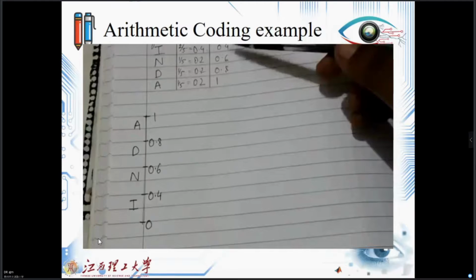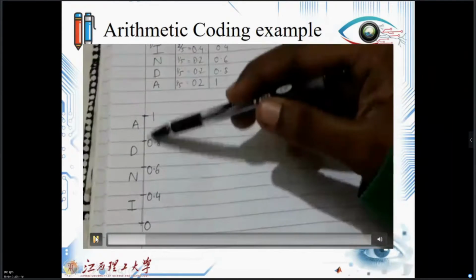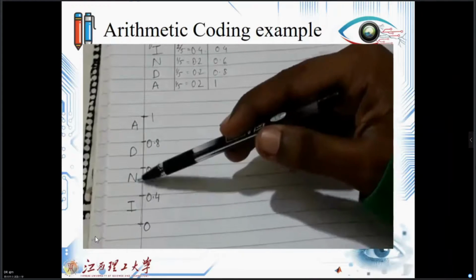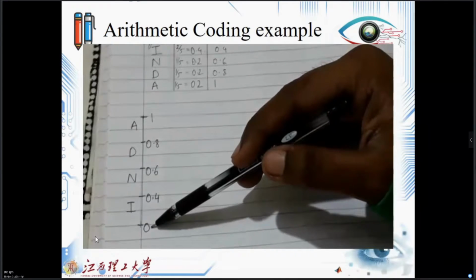The range from 0 to 0.4 is related to I, 0.4 to 0.6 is related to N, 0.6 to 0.8 is related to D, and 0.8 to 1 is related to the symbol A. And we can write them in the form of a graph, and the frequency will also be written there.